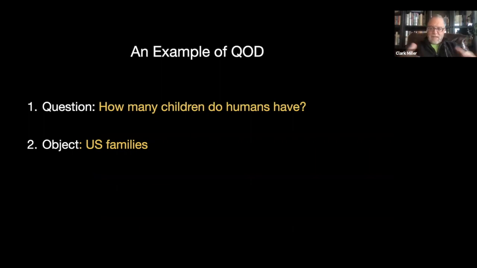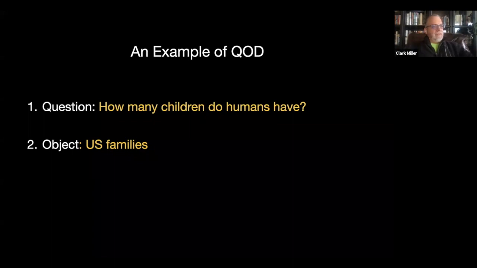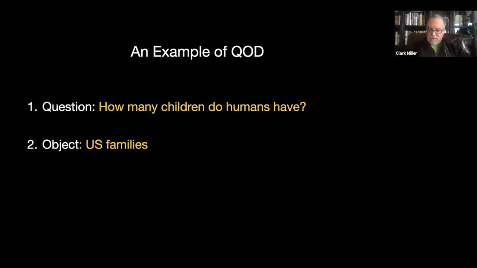So we take a family as a constellation of adults who are in relationship with one another, and we ask, how many children does that family have? Okay, so it's a plausible question, both as a question and as a research object or object of study.